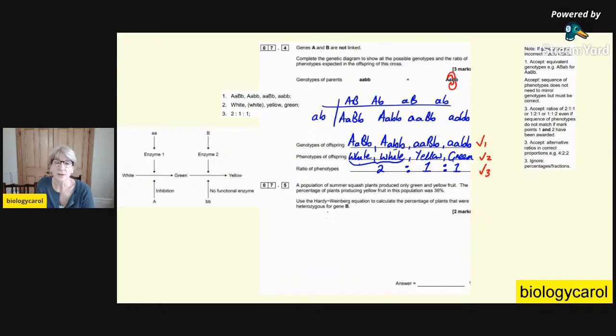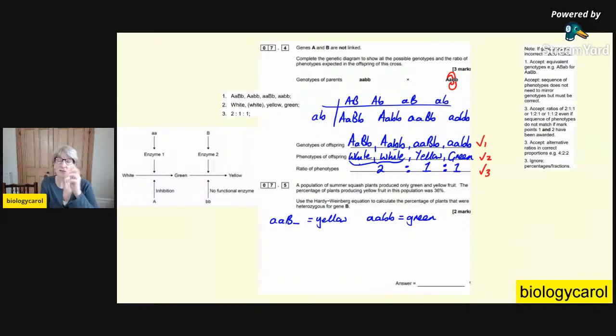Okay, Hardy-Weinberg, love a little bit of Hardy-Weinberg. Population of summer squash plants produced only green and yellow fruit. The percentage of plants producing yellow fruit. So we've only got green and yellow fruit, so we're only interested in the B allele now.